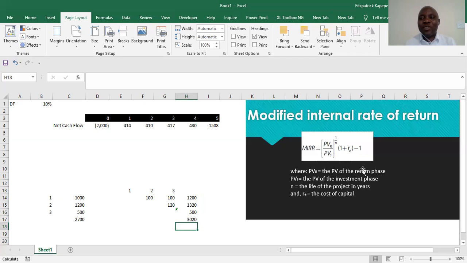And do not panic, because you are given this formula in the exam: modified internal rate of return over PVR, which is the present value of the return phase.